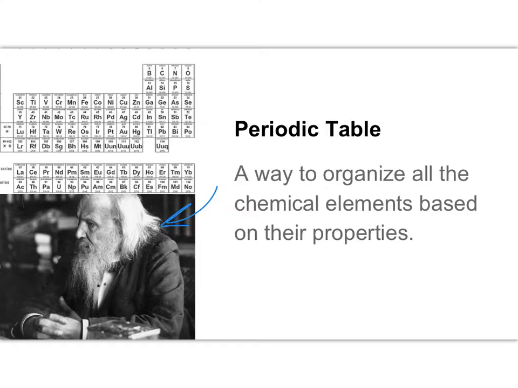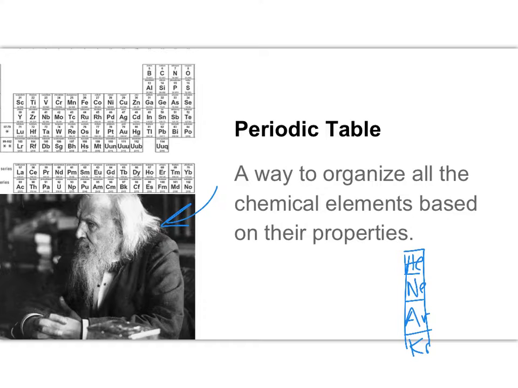So for example, I want you to look at the very far right side of the periodic table, where we find helium, neon, argon, and so on and so forth. These elements are known as the noble gases. And we call them the noble gases because all of the ones in that column, neon, argon, krypton, xenon, all the ones that end in on, they all have the same exact property in that they don't react with things.